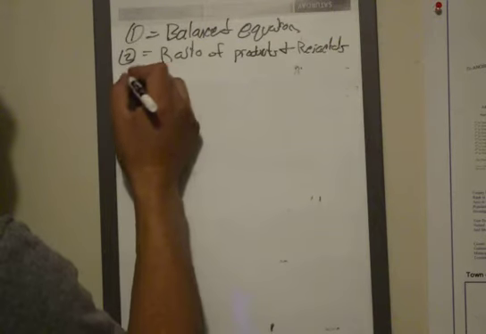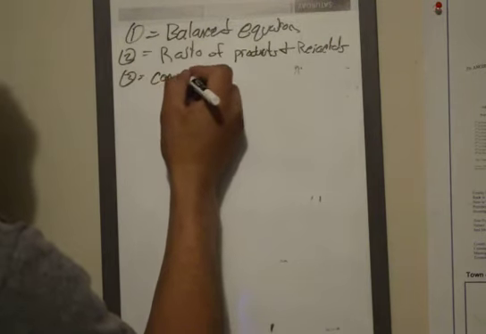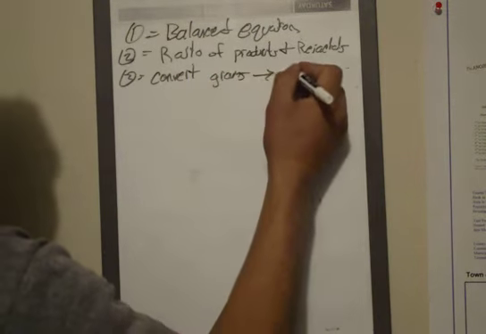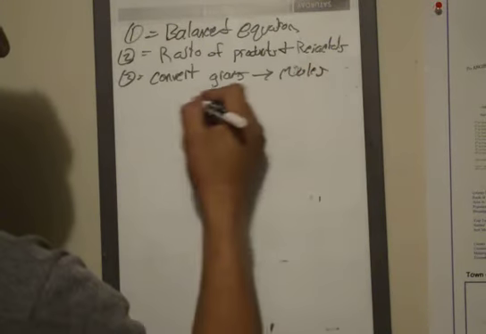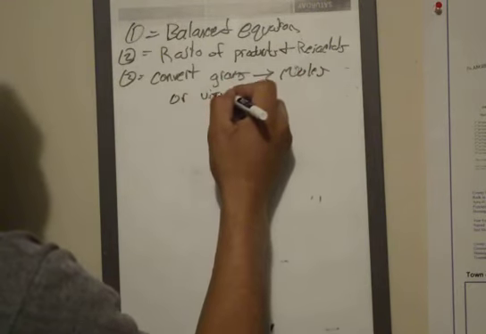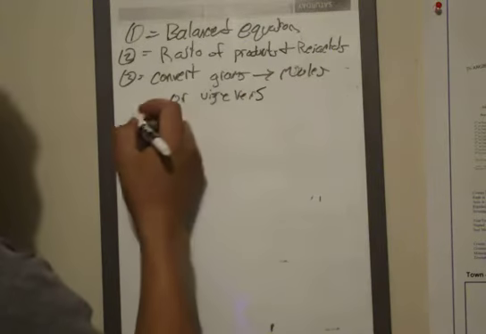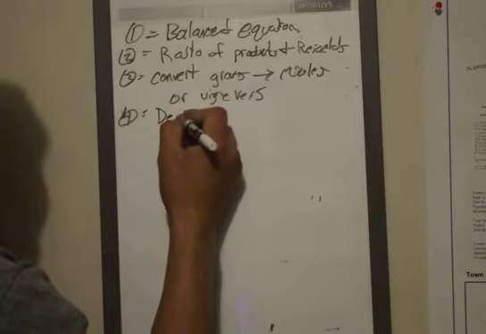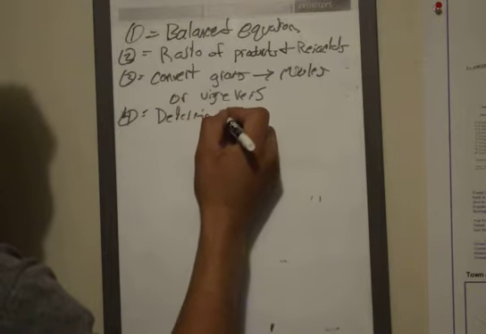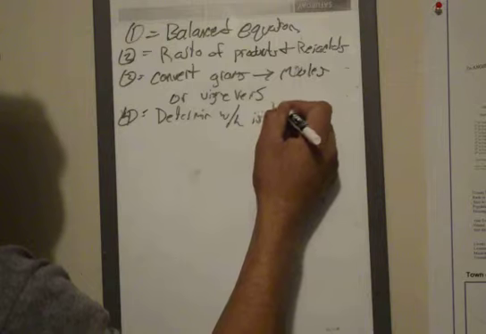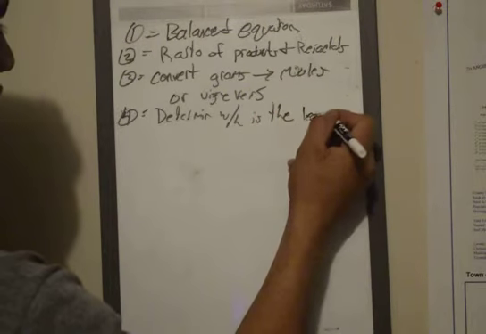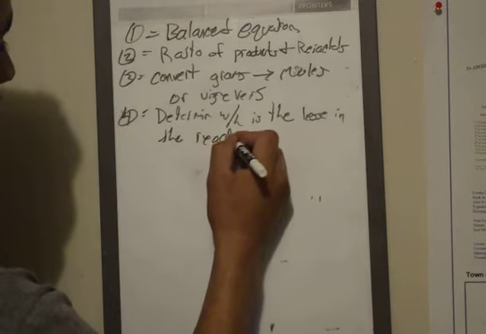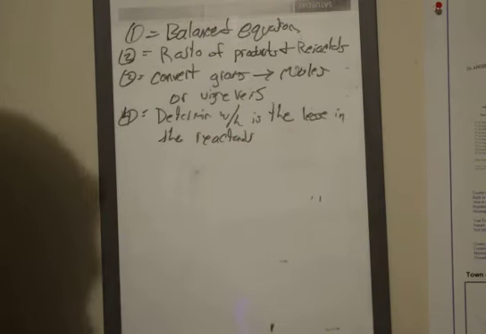Step 3, convert grams to moles, or vice versa. Step 4 is determine which is the lesser of the reactants. That is going to be your limiting reactant.